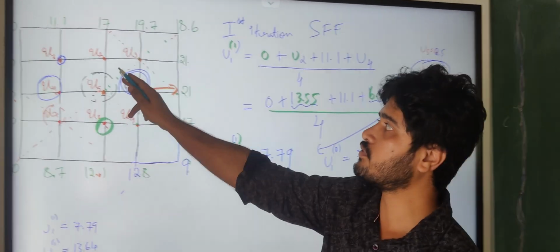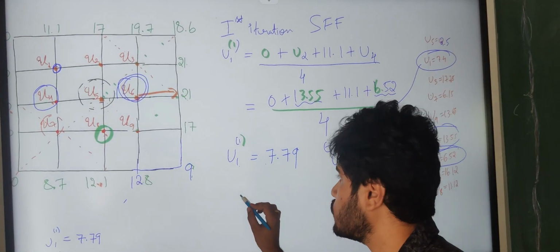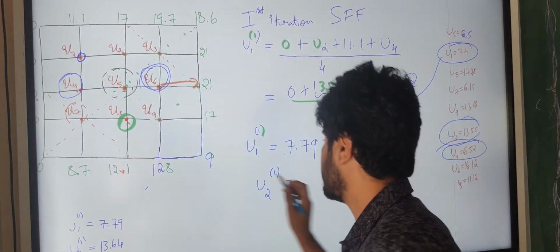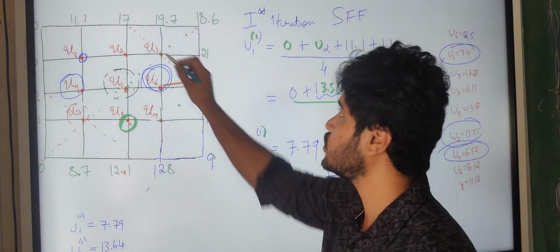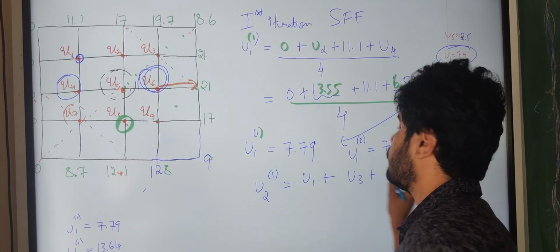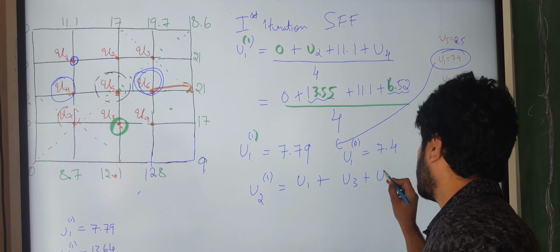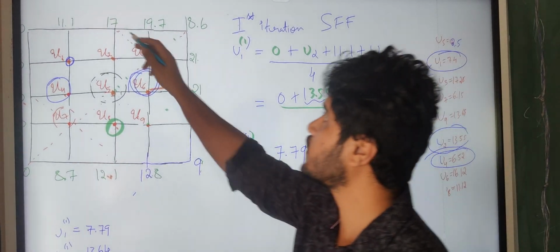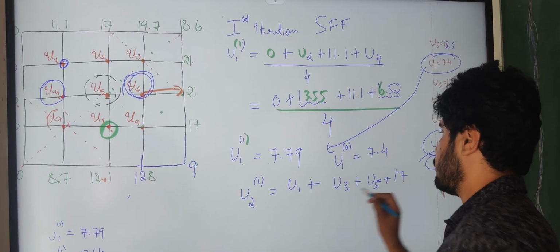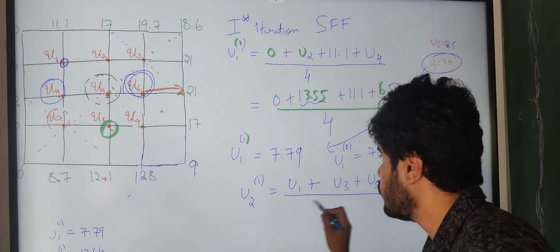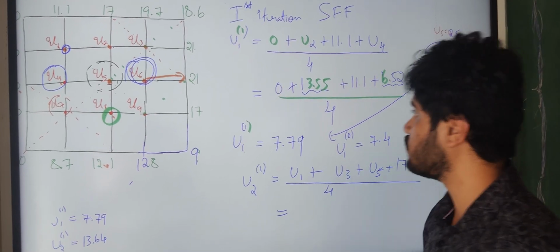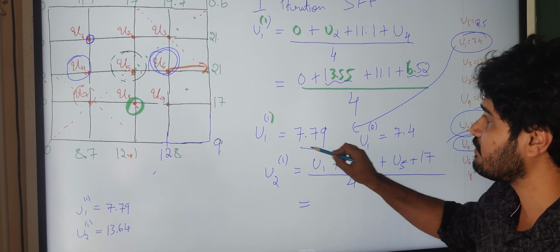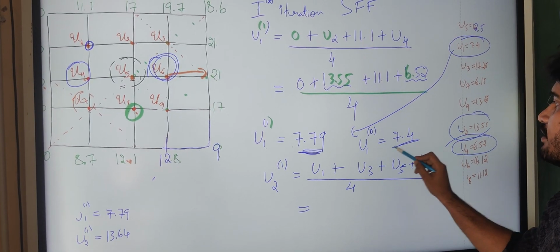So now let me find the first iteration value of u2 using SFF. I'll write the formula first. Left side point is u1, right side point is u3, bottom point is u5, and the top point is 17. Now I have to do the substitution. In place of u1, what do I have to substitute? I have two values here, 7.79 and 7.4.